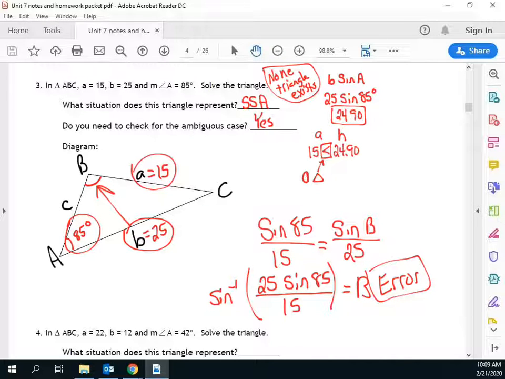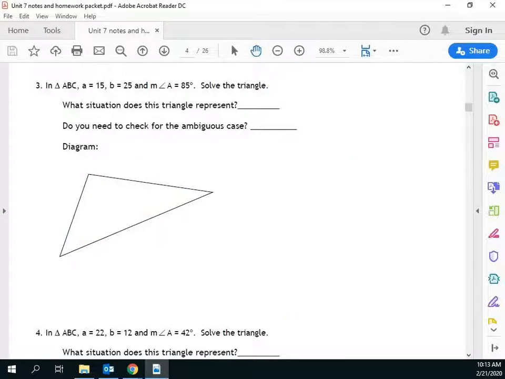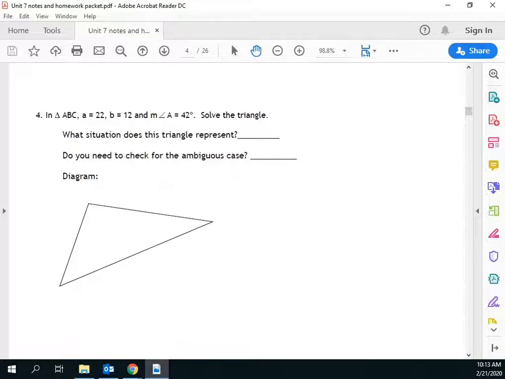Once A is less than the height, or your A is less than B sine A, then you have 0 triangles. And that's what happened there. And so then we go ahead and move on to the next problem.